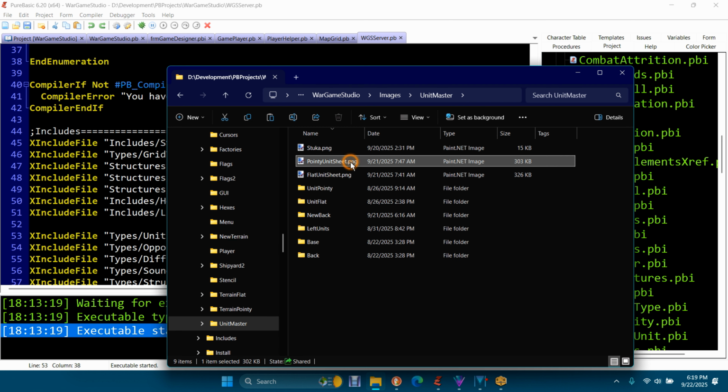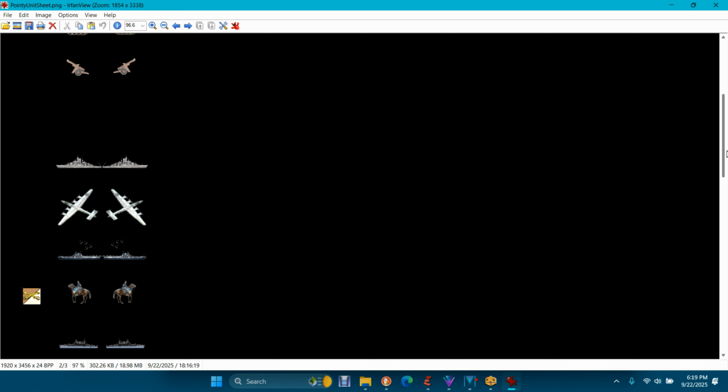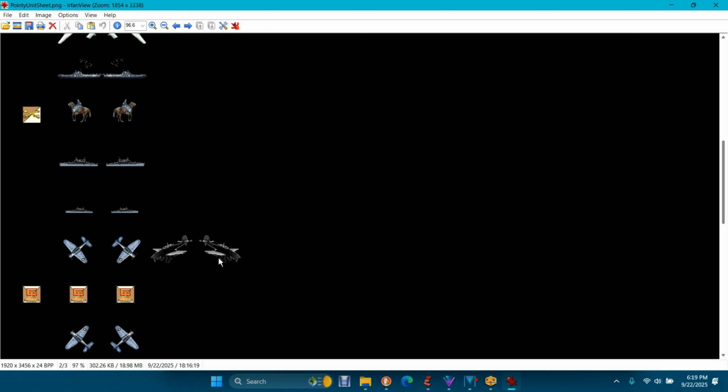One of the things I've changed is this second row of blocks. These are going to be used for a fog of war, so you can only see units that are adjacent to you or in your zone of control. I downloaded a Stuka dive bomber for Germany.